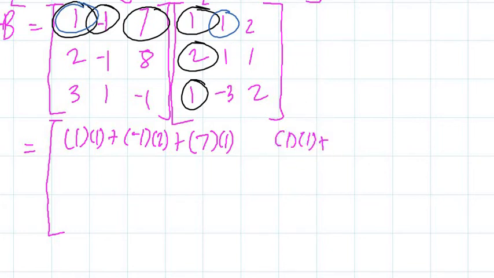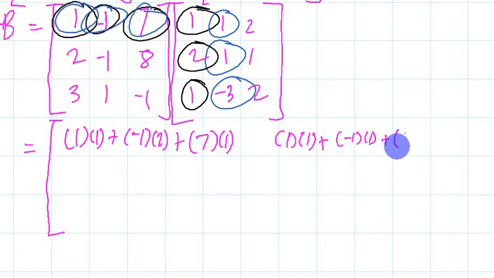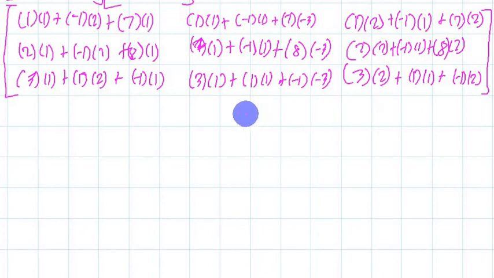Added to negative 1 times 1. Added to 7 times negative 3. Then, let's now put all the other entries. Alright, it was quite long, so here we have already placed all the possible entries.